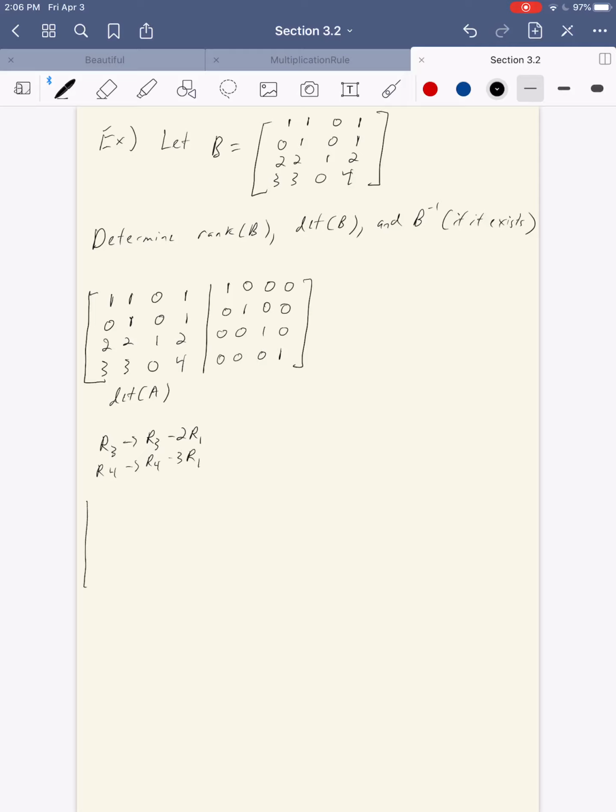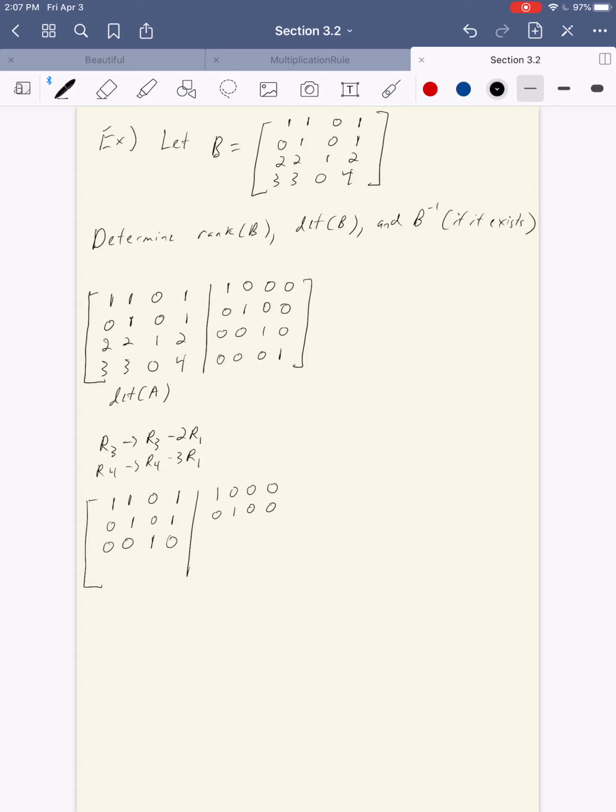When we do that, we should get 1, 1, 0, 1, and then 1, 0, 0, 0, and then 0, 1, 0, 1, because we're not modifying anything, then 0, 1, 0, 0. Then we're doing row 3 minus 2 row 1 up here, so that should give us 0, 0, and then a 1, and then 2 minus 2, so that's 0, nice and easy.